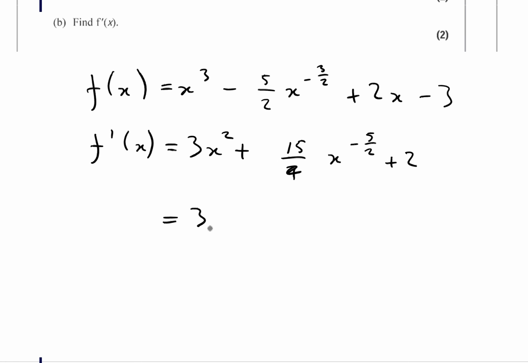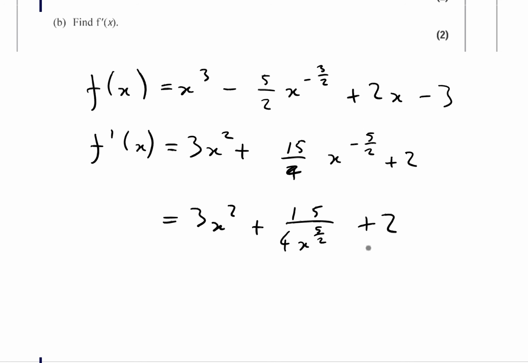So 3x squared, that's fine, plus 15 over 4 multiplied by 1 over x to the power 5 over 2. Multiply the two together: 15 times 1 is 15, and 4 multiplied by this becomes 4x to the 5 over 2, so 15 over 4x to the 5 over 2. Then you're still going to have a plus 2 on the end, and there you are, that is the function differentiated.